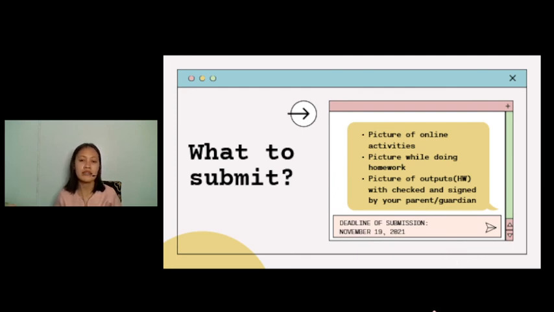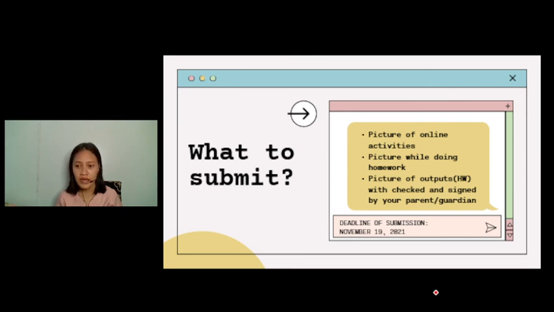Syempre, aside sa picture of you while doing homework, picture of you while watching this video discussion, para malaman ni teacher na nanood talaga or nakinig talaga sa ating video discussion. And of course, picture of your outputs or homework with checked and signed by your parent and guardian.